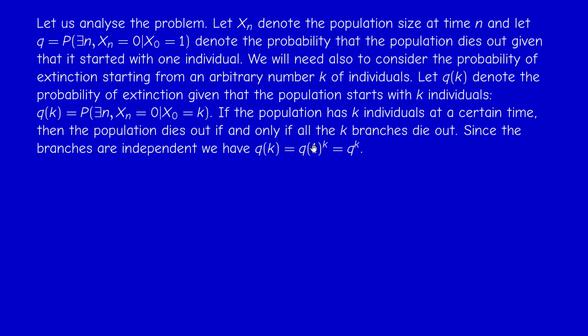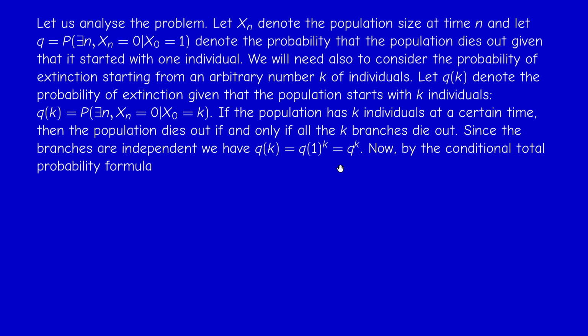So you may draw a tree if you like, starting from k individuals. We have 4 possibilities for each individual. So the tree repeats itself. So this is the first observation, that Q of k is Q to the power k by independence.